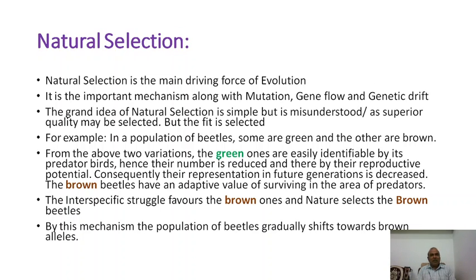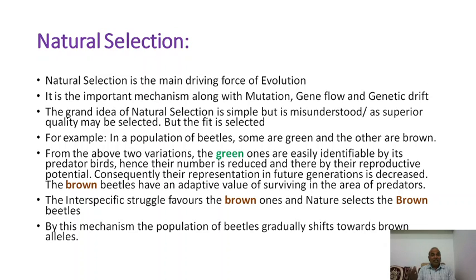Those with favorable variations have more reproductive success, and those with unfavorable or harmful variations have very little chance of reproduction. Hence, their traits are not preserved by nature in the next generation. So the very important key point in natural selection is reproductive success. Whichever individual is reproducing, that means the traits are passing to the next generation.